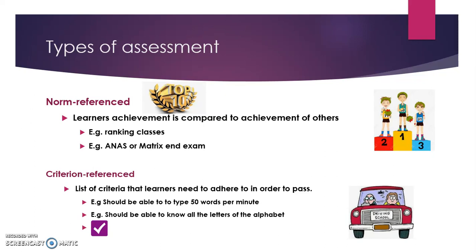When we think about norm reference, it's always learners that, for instance, are in the top 10 or being ranked in the class. So when a student, for instance, gets 60%, the teacher will always tell the parent, okay, but in the class, this learner got 10% under the class average, so he did not really do well in the test, or he was 20% above the class average, so he actually did quite well in this test.